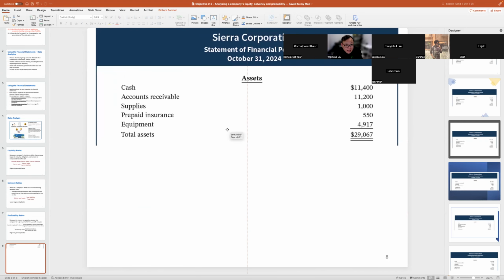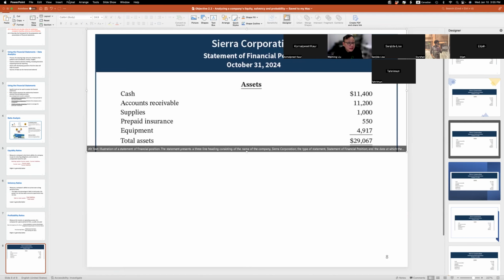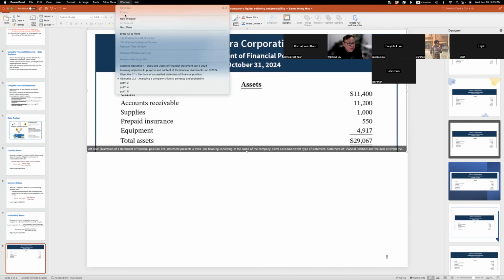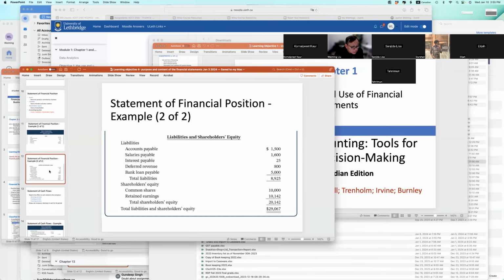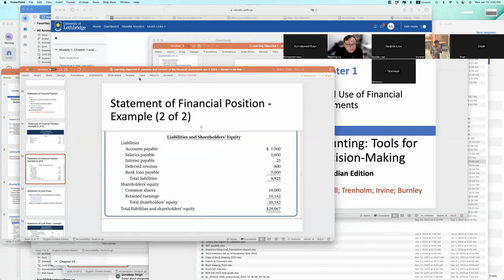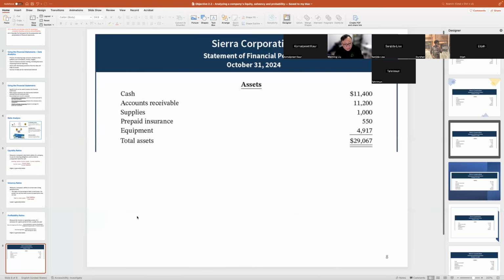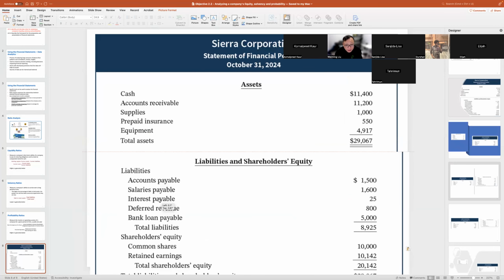So this is my asset, okay? And I also need to get my liability here. So now they're together.